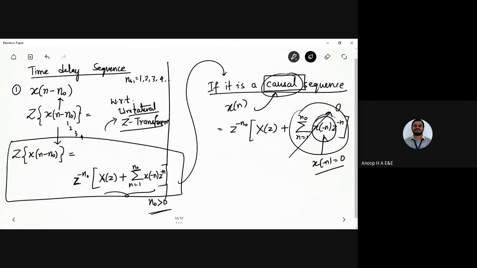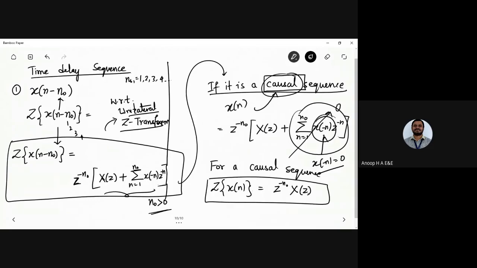If x of minus n equals 0, the entire term will be 0. So for a causal sequence, the Z transform of x of n would be Z power minus n naught X of Z. This is how we write it for the time delay, shifting property, where the sequence is delayed by n naught.